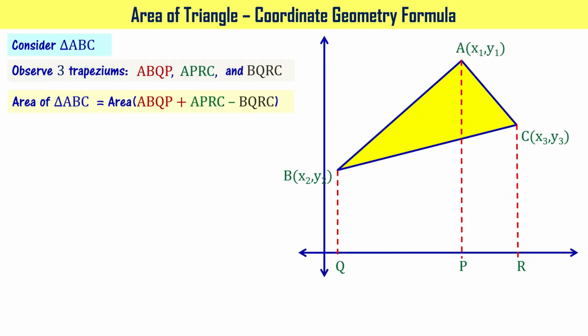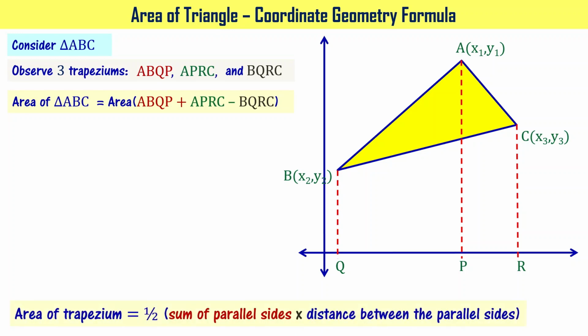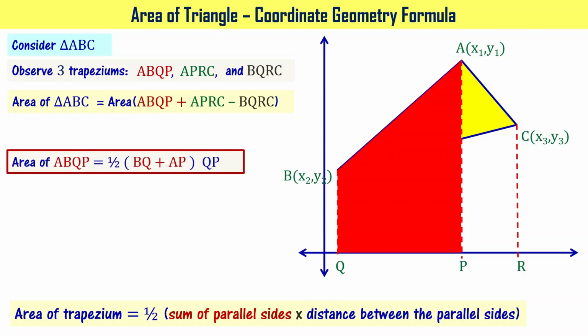Let's go back to the previous derivation of area of triangle formula. Area of triangle ABC can be written as area of ABQP plus area of APRC minus area of BQRC, right? And area of trapezium is defined as half times sum of parallel sides into distance between parallel sides. So let's consider ABQP.